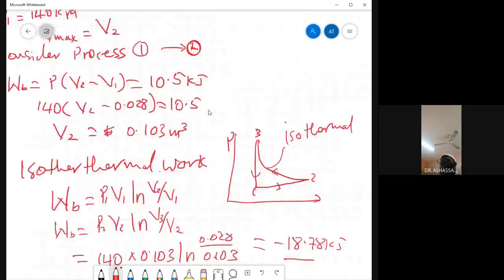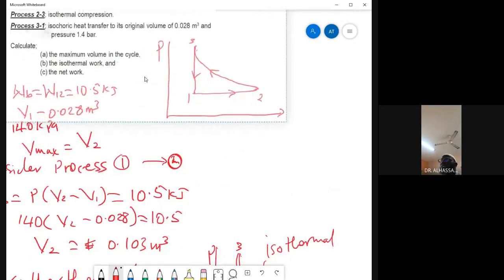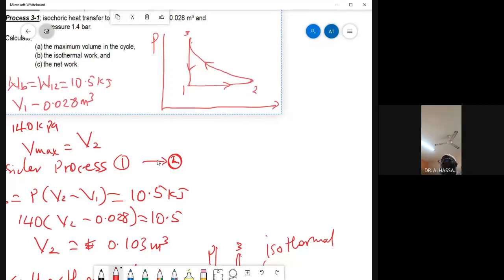I think we have done with this question. Yes, so the net work we have calculated.